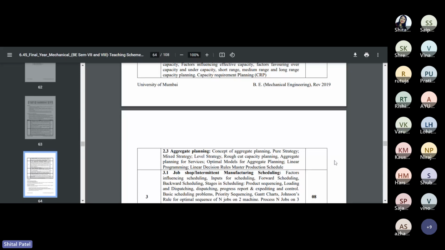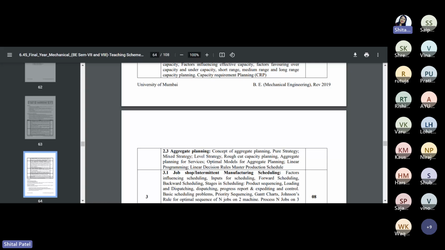The question can be: what are the strategies or types of strategies adopted in the organization for aggregate planning?